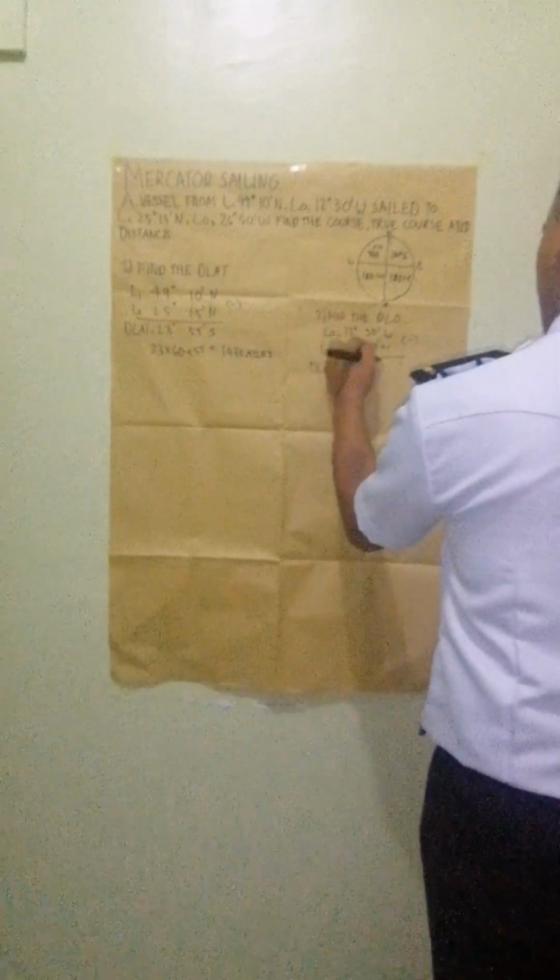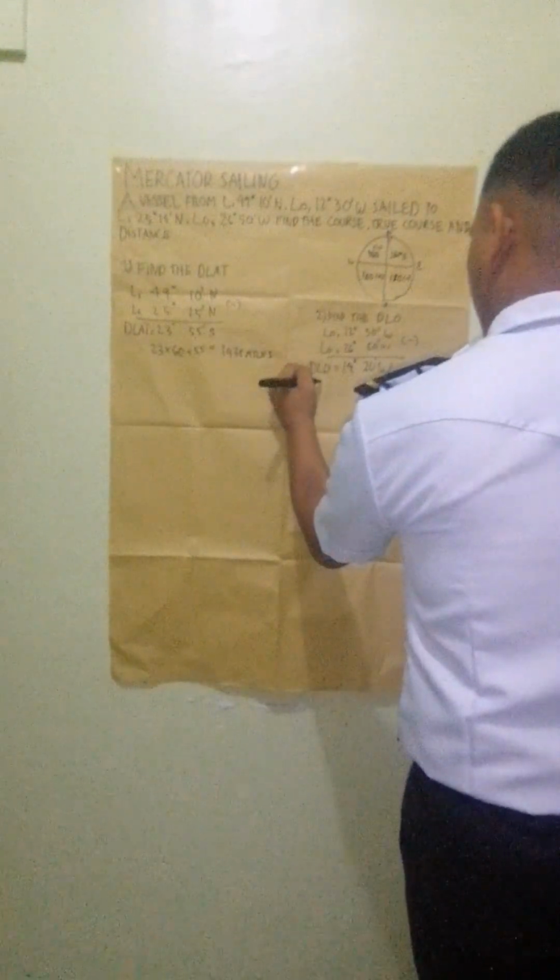And longitude 2, 26 degrees and 15 minutes west there. And as usual, you must subtract again because they're the same as usual in DLAT. And DLO is 14 degrees and 20 minutes west. And we must bring down 14 times 60 plus 20, bring down 20 equals 860 miles.